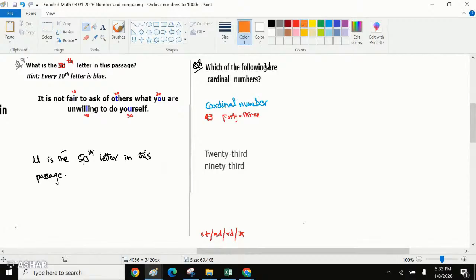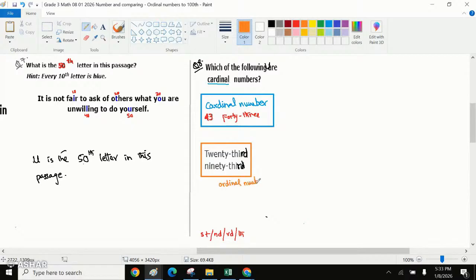What about the next two numbers? These two numbers will be, because it says third, rd, right? Third. So if this is a cardinal number only in this given question, and we had to find the cardinal numbers, then the remaining two numbers would be ordinal numbers.